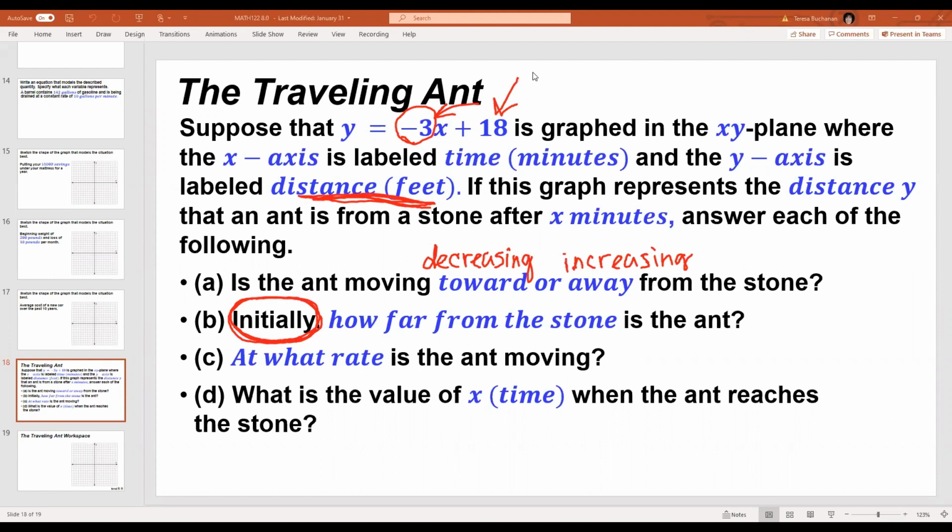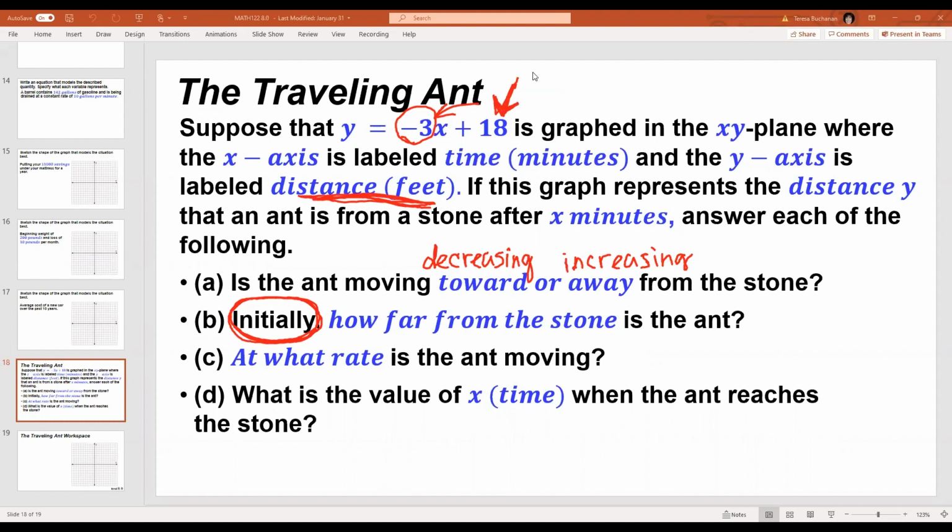At time equal to 0, nothing has happened yet. So the beginning of a situation will always be reflected as a point on the y-axis, a y-intercept.